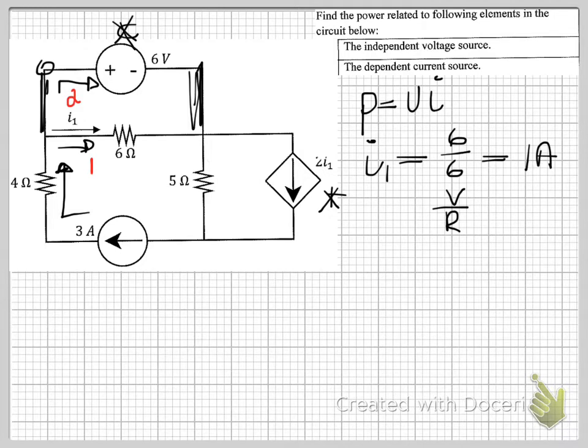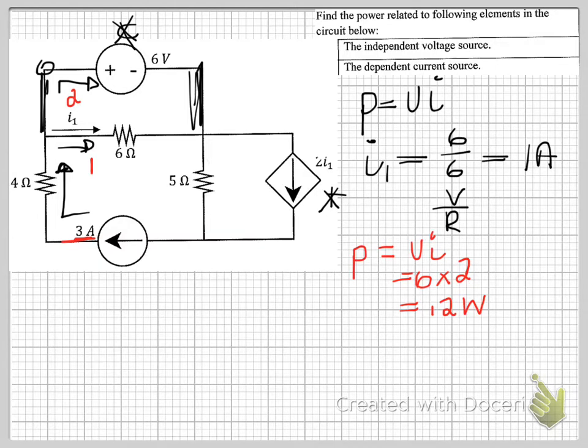Because this is the only way that this 3 amp source can be delivered. So the power of your independent source is equal to your VI, which is 6 multiplied by 2, giving you 12 watts.